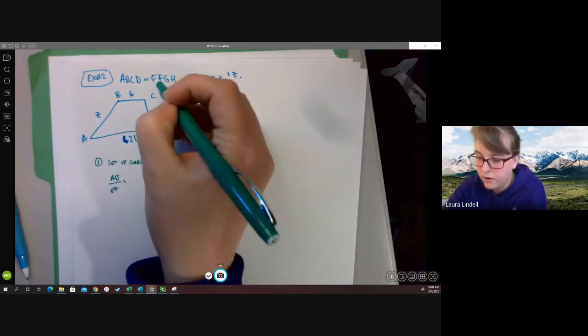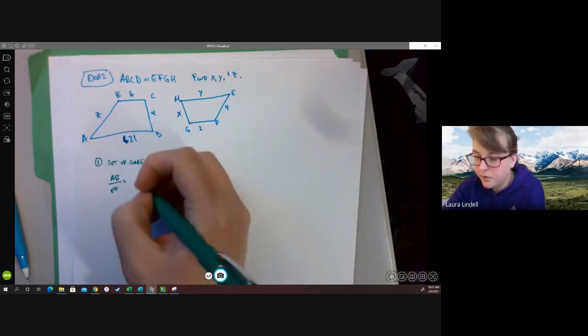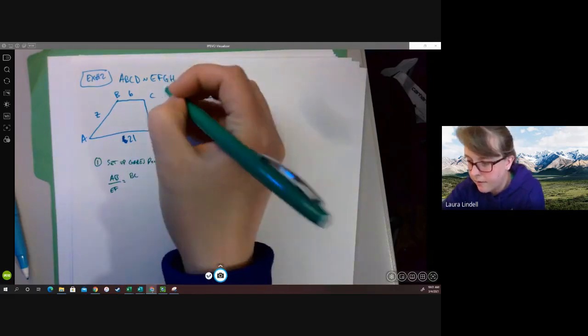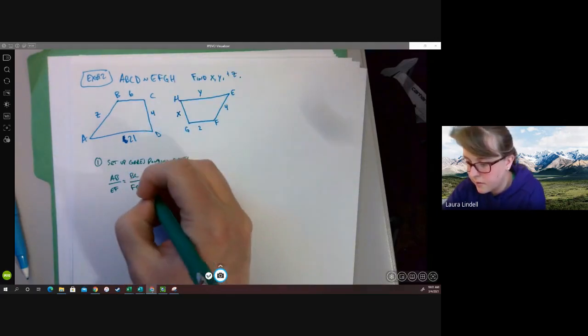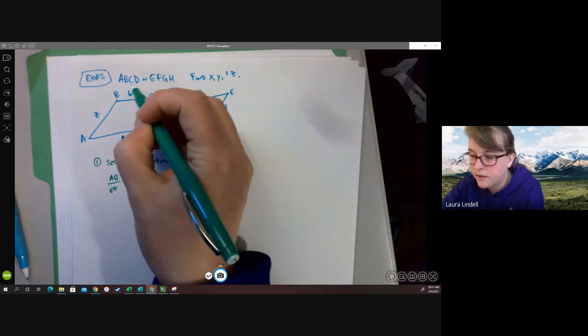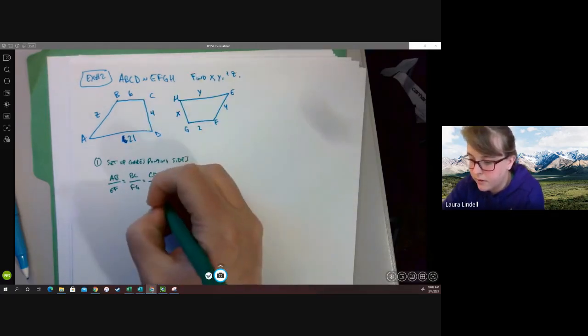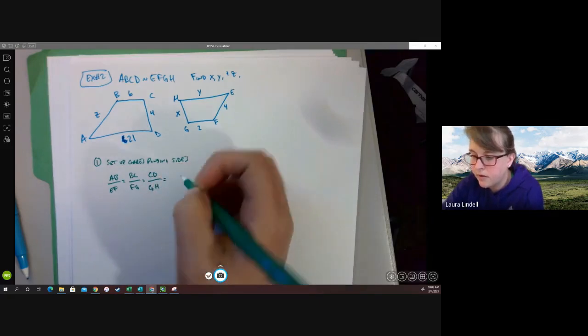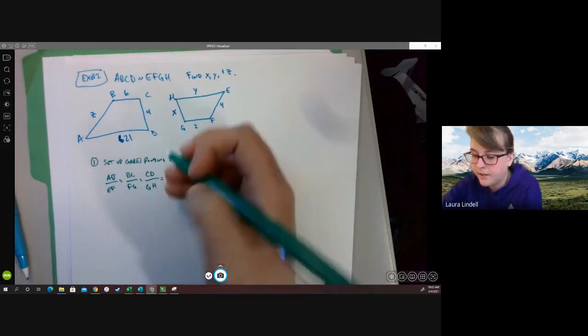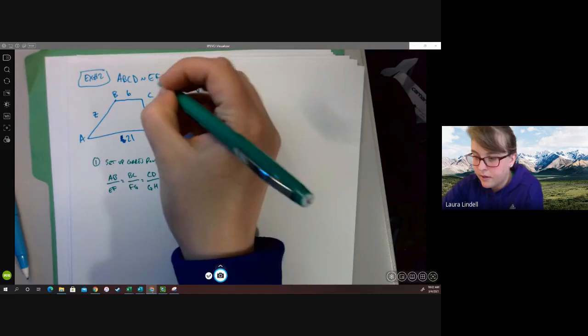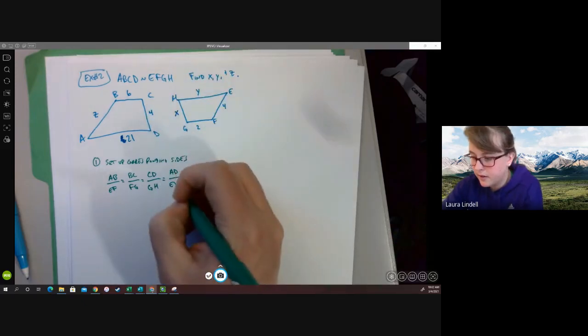Or are the first two letters over here, excuse me. B, C are the next two letters. F, G are the next two letters. C and D are the last two letters. G and H are the last two letters. And then A and D are the first and last letter. E, H are the first and last letter.